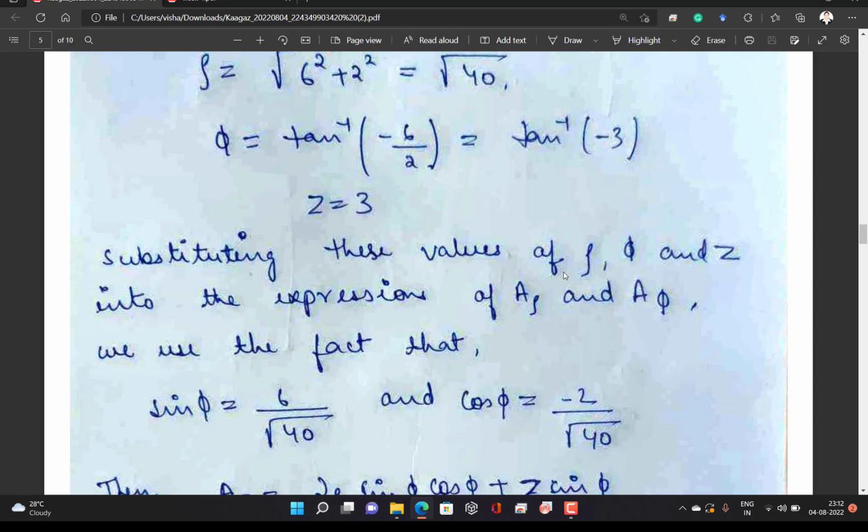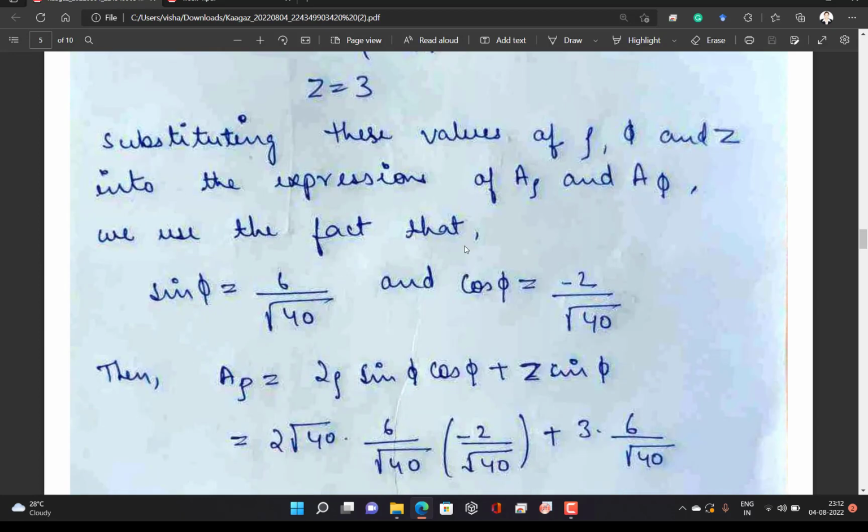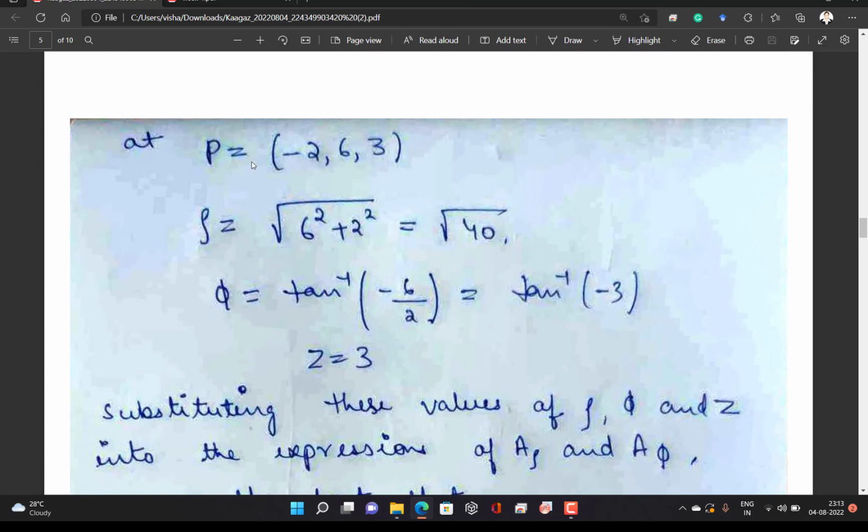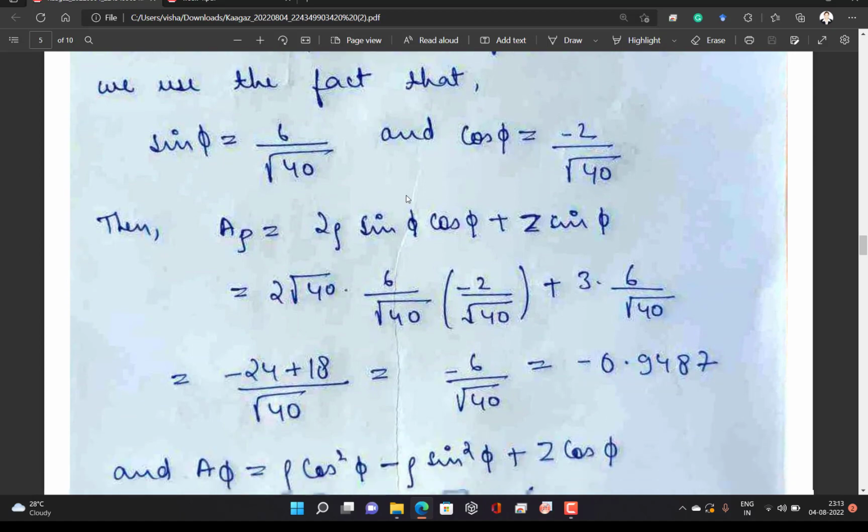Now substituting all these values of rho, phi and z, we use the fact that sin phi will be 6 upon root 40 and cos phi will be minus 2 upon root 40. Okay, we found this from the Cartesian coordinates.